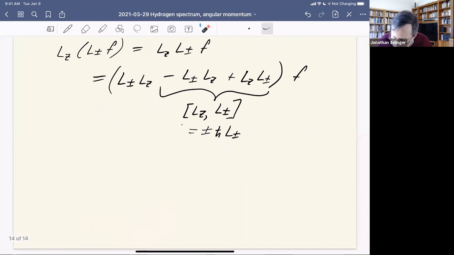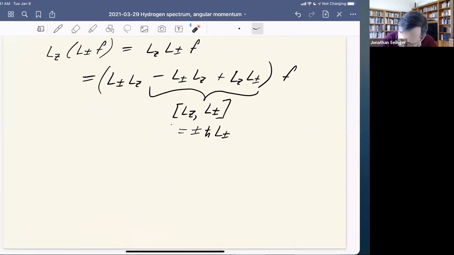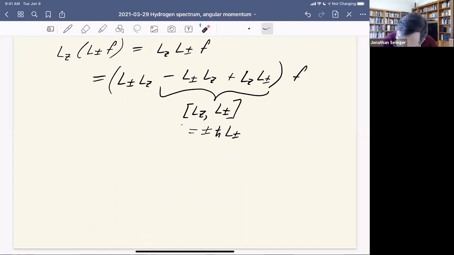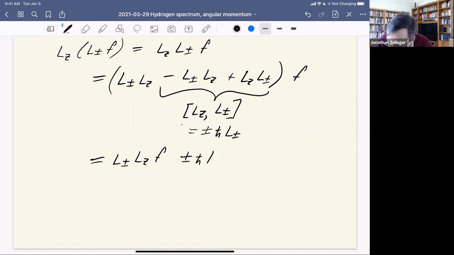Okay, so now let's keep going. So this is all equal to L plus or minus acting on LZ acting on F, and then plus or minus H bar L plus or minus acting on F.